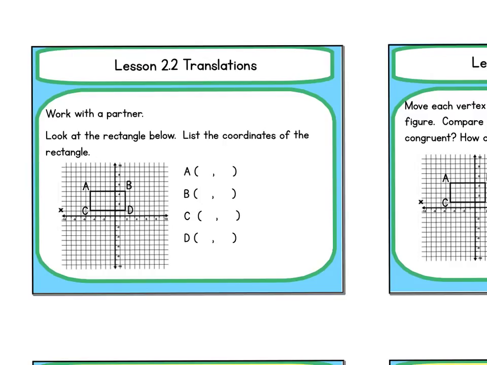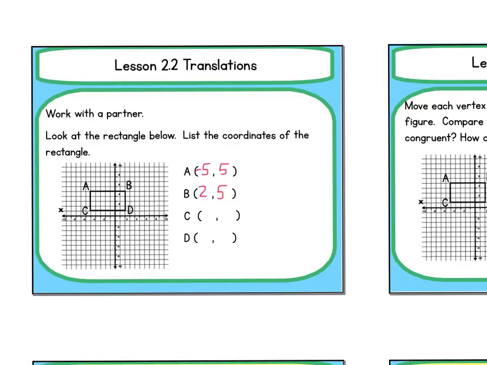On the next slide, it tells you to look at the rectangle below and list the coordinates that are there. So when I look at the coordinates, coordinate A would be -5, 5. Coordinate B would be 2, 5.